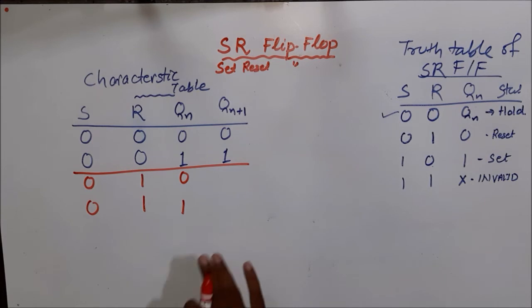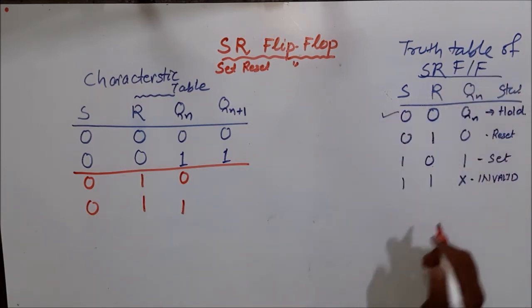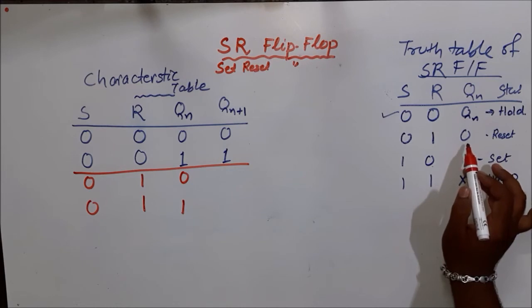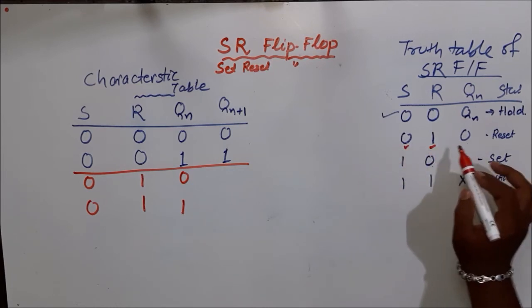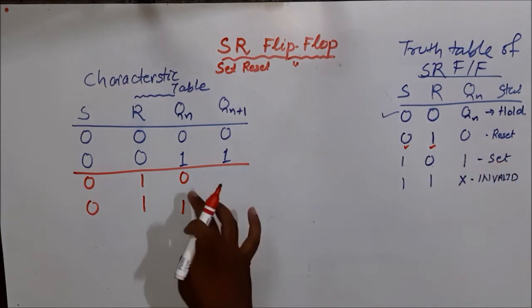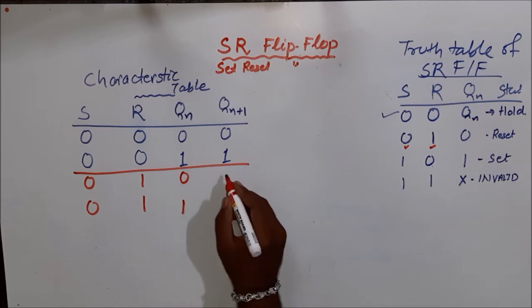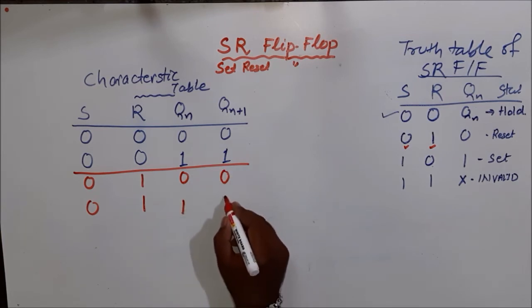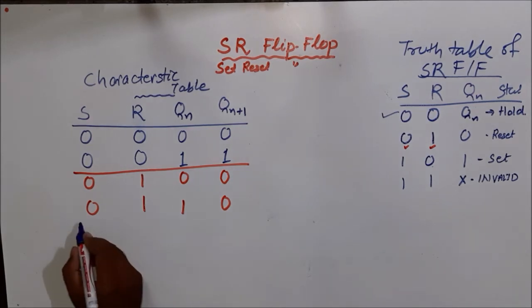So without bothering the previous state, you can see from the truth table, if my S is 0 and R is 1, the next state must be 0. That means without bothering the previous state, the next state should be 0, 0. Clear? Okay. Let us study about 1 and 0 combination.